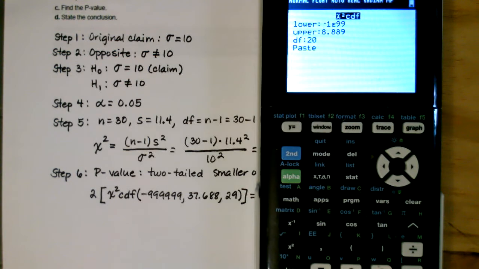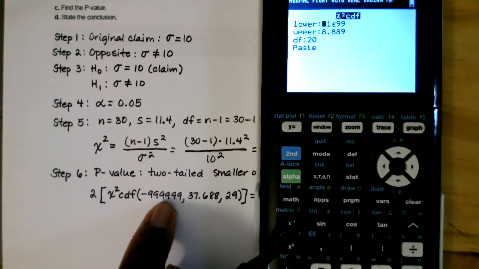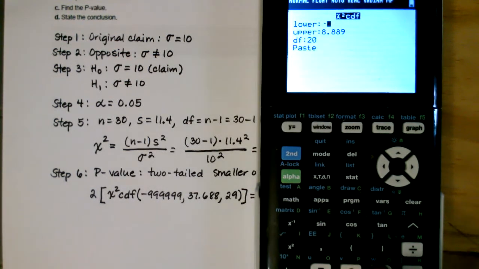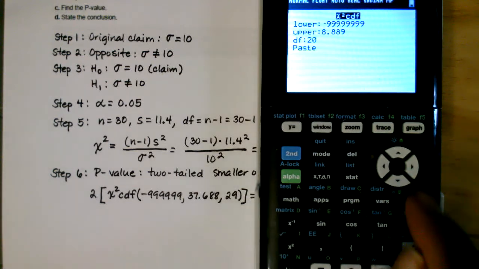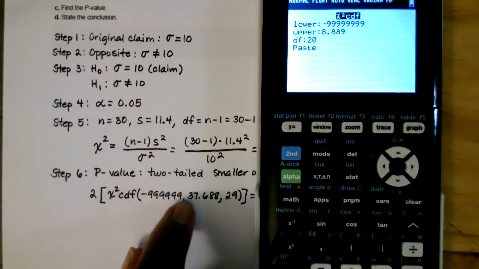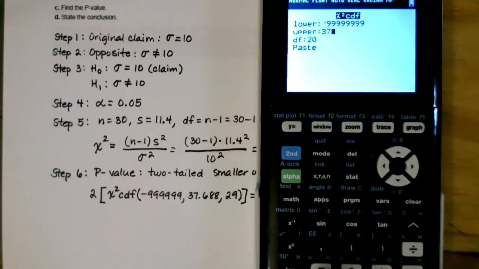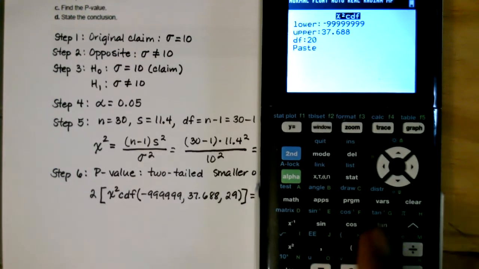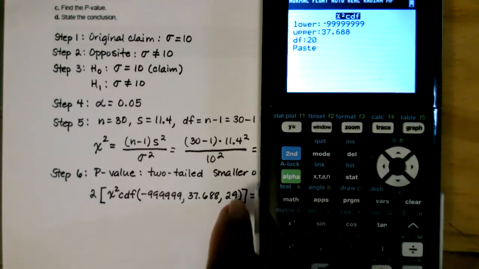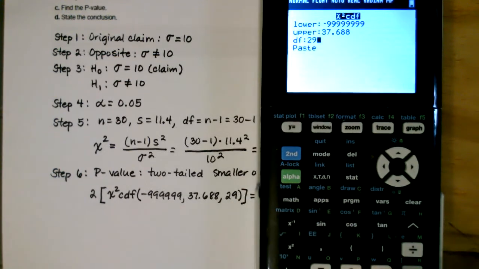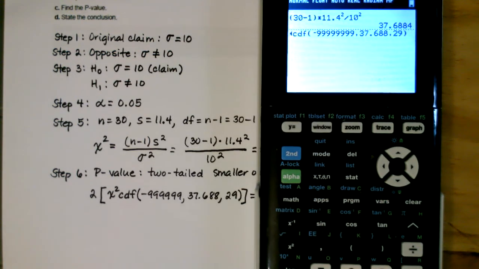Now, the lower limit is negative with as many 9s as you want. In this case I'm using 8 9s. And then go down to your upper, which is that test statistic, 37.688. Then go down to your degrees of freedom, in this case 29. And then highlight paste using the down arrow key or pressing enter. Press enter. It's going to look like this, so you'll press enter.